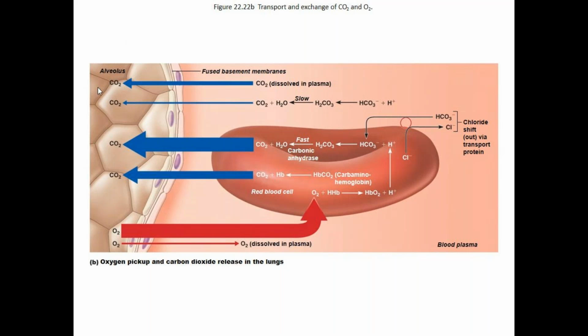Okay, and just as there was a slow method to do so outside the red blood cell and a fast method to do so inside, here going the opposite direction, we have a slow method outside and a fast one in. Okay, and literally all we do is take these arrows and turn them in the opposite direction. That's it. Okay, we once again experience a chloride shift. Okay, but now it's going in the opposite direction.